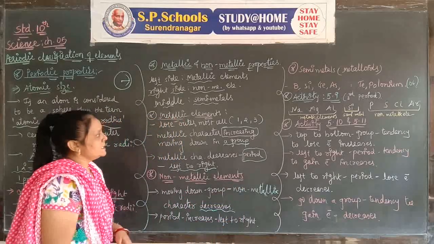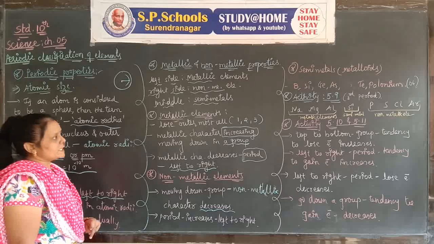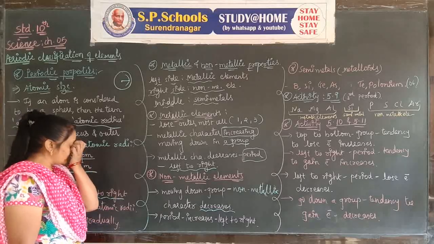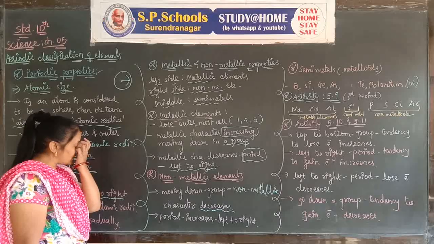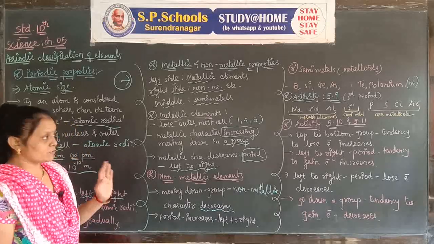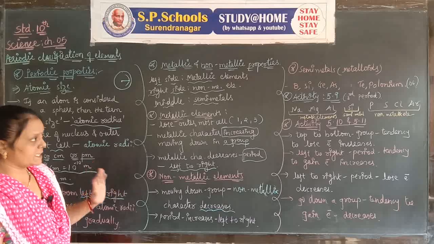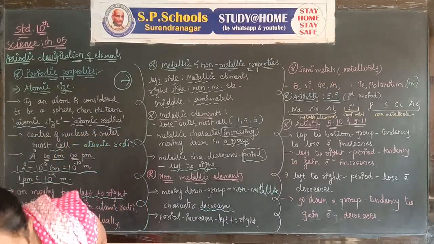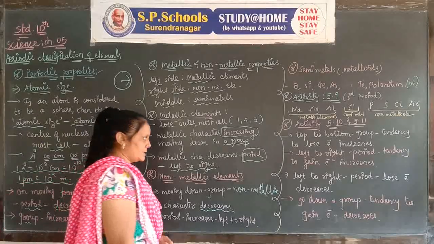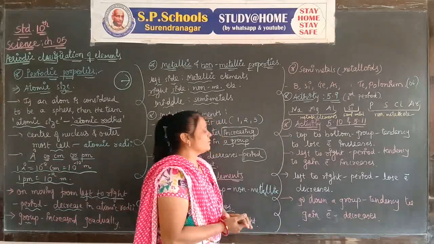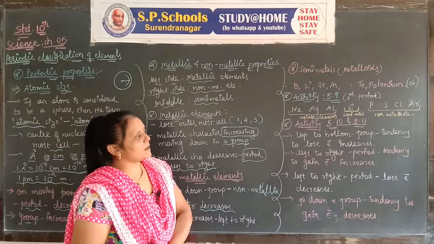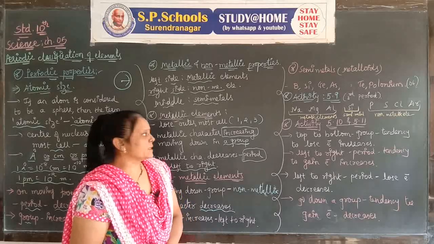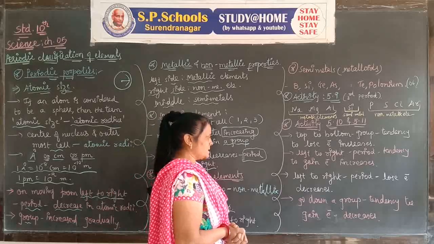I can take activity numbers 5.10 and 5.11 together, because the questions and answers are comparable. Activities 5.10 and 5.11 give information about periods and groups.